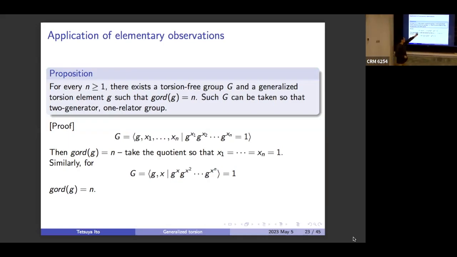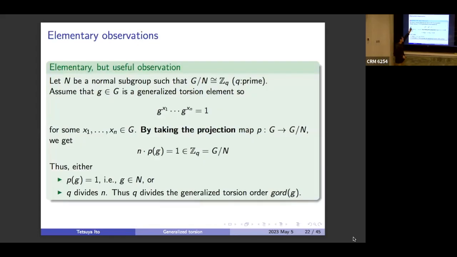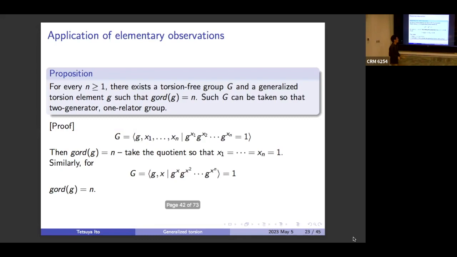Because I'm just taking a kind of obvious, universal example, it may happen that g has a generalized torsion order smaller than n, but by taking a quotient, we check that the order should be n. The lesson is that we use a certain kind of quotient to make the analysis of the generalized torsion equation possible.